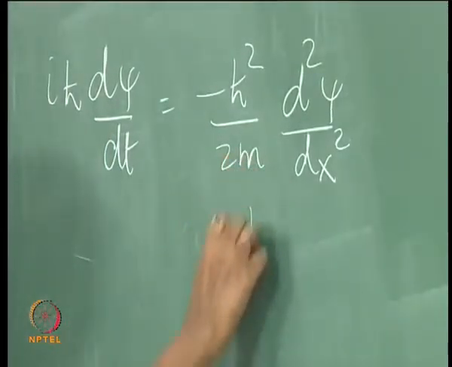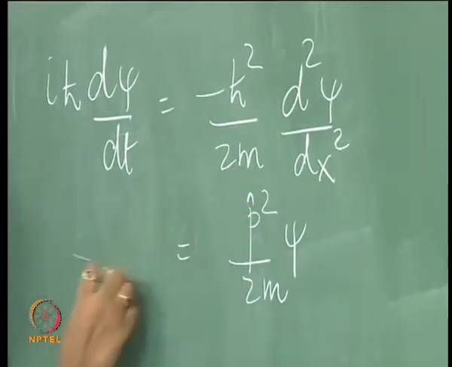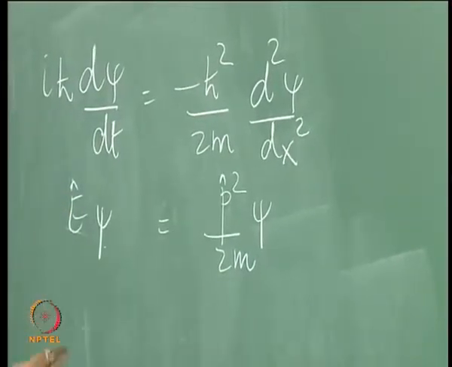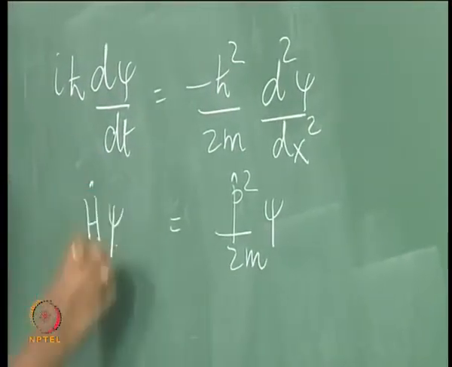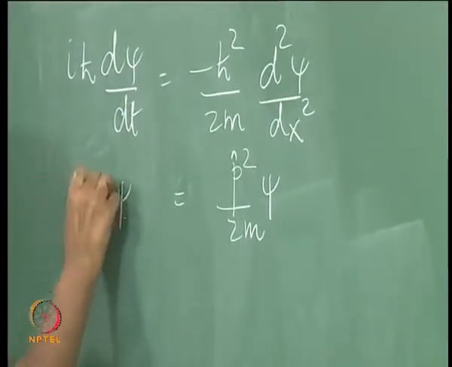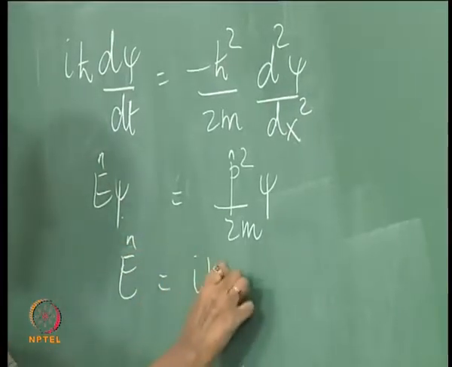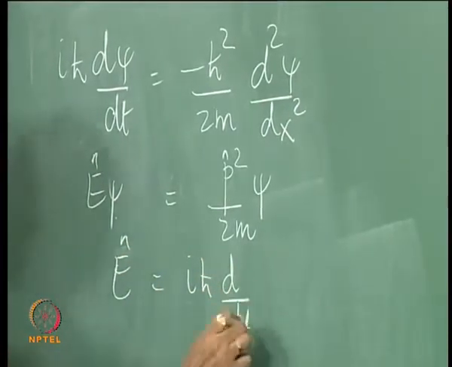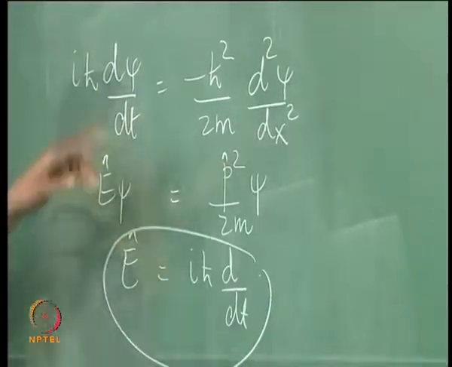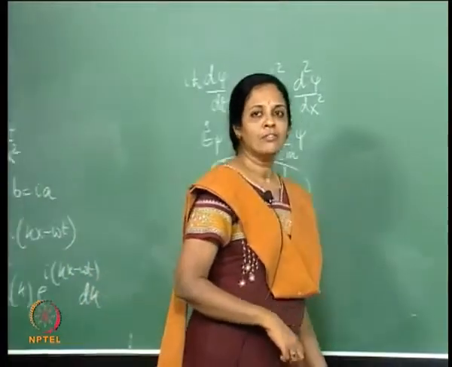That's like saying p squared by 2m psi is E psi, because E is p squared by 2m, or H psi if you wish, and that tells you that the energy operator is i h cross d by dt. This identification is possible from the Schrodinger equation, because I know that energy is p squared by 2m for the free particle.